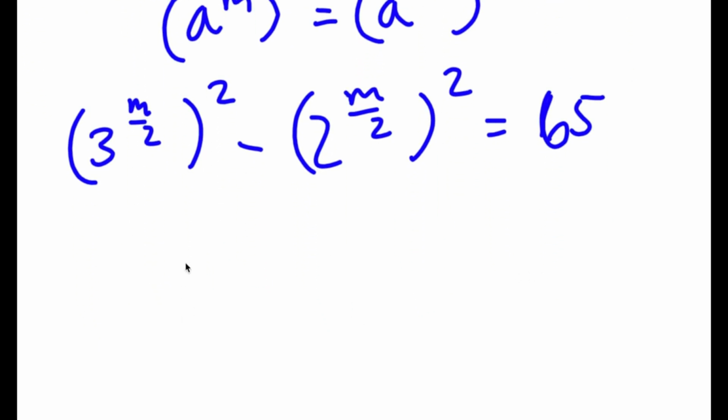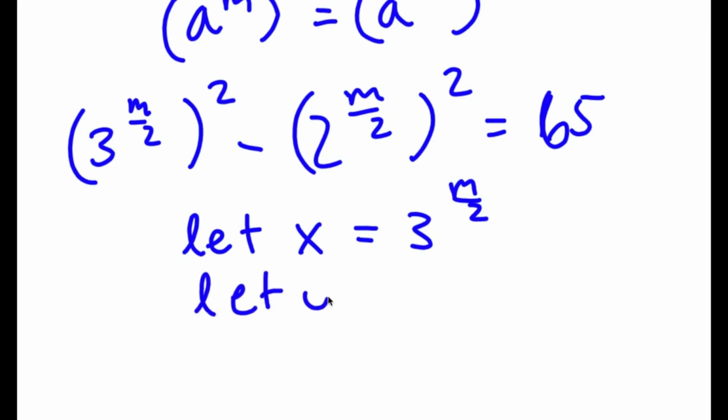Now what I'm going to do is let the variable x equal 3 to the power of m over 2, and I'm also going to let the variable y equal 2 to the power of m over 2.